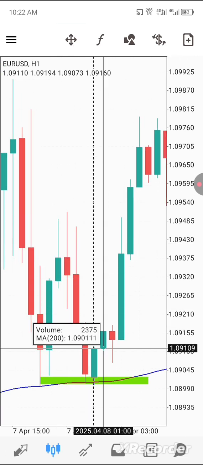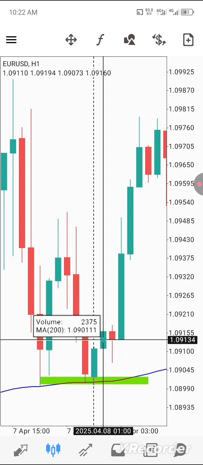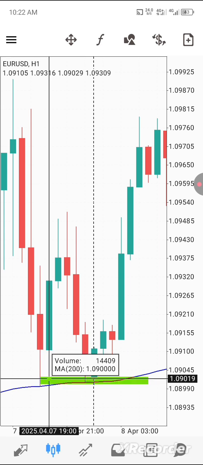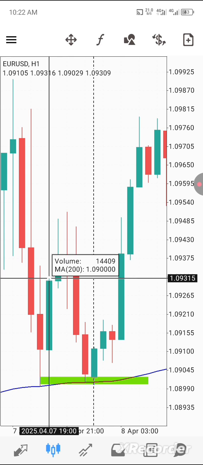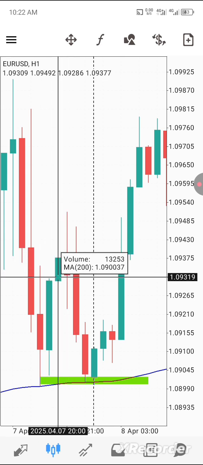Imagine we enter the market from this very candle, set our stop loss below. We would have made a lot. Even if we enter the market from here, we will still have made a big profit.